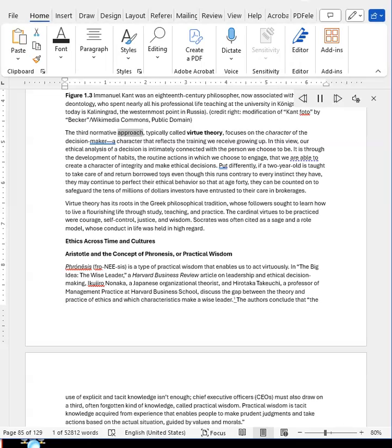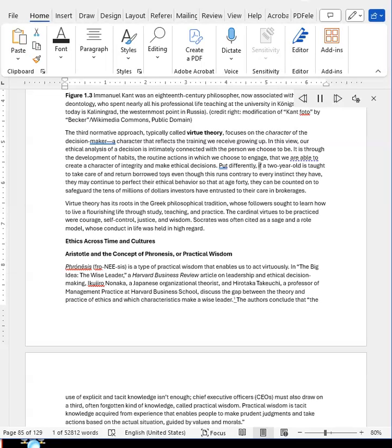The third normative approach, typically called virtue theory, focuses on the character of the decision-maker, a character that reflects the training we receive growing up. In this view, our ethical analysis of a decision is intimately connected with the person we choose to be. It is through the development of habits, the routine actions in which we choose to engage, that we are able to create a character of integrity and make ethical decisions.